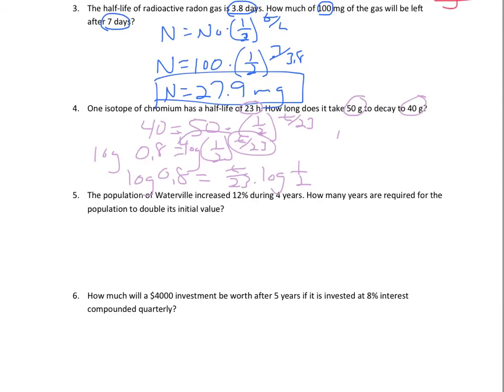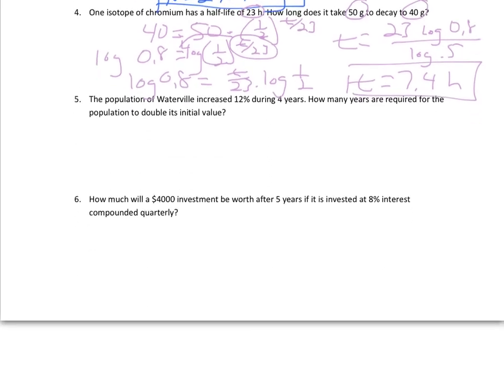So t equals, what you type in your calculator is 23 log 0.8 divided by log 0.5, or 1/2. So we can type that in, log 0.8 close parentheses divided by log 0.5, get t equals 7.4 hours. Okay, so it takes 7.4 hours to go from 50 grams down to 40 grams.